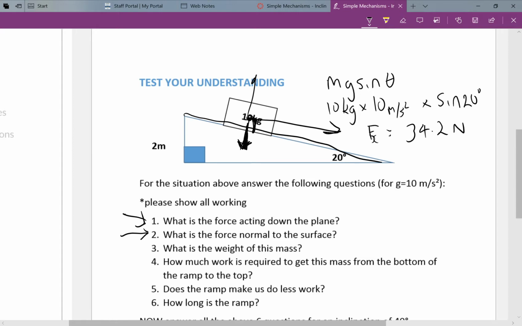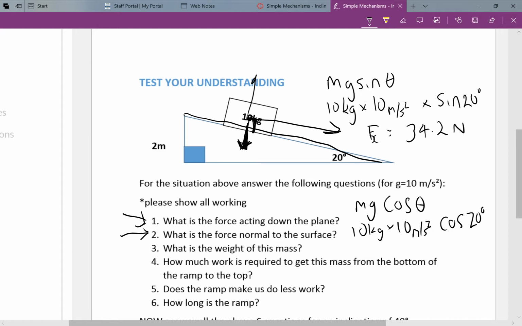So in this instance, at 90 degrees to the ramp, it's going to be equal to, sorry, we got that wrong, mg cos theta, which again is 10 kgs times 10 meters per second squared for the gravitational acceleration. In this case, it's cos 20 degrees.